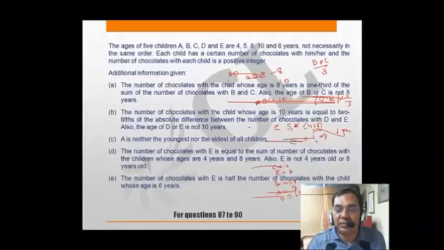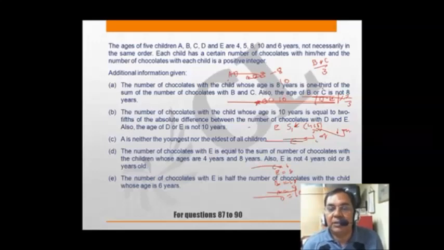That means the 10-year-old has got 4. Okay. Now A is 8. Now let's see. D minus E is 10, so that means D has got 4.